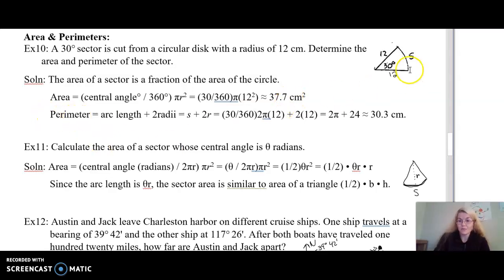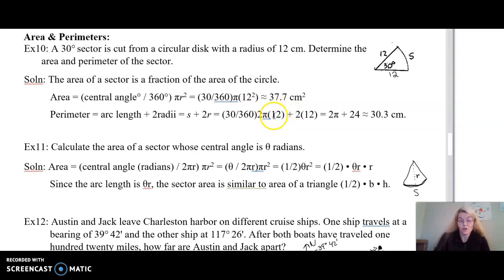Now the perimeter. Perimeter is the total distance around. If you were going to take a walk around this sector, you'd walk 12, S, and then 12. So you'd walk the arc length plus 2 radii. So S plus 2r. What was S? Well, S is a fraction of the circumference. And what's my fraction? It's 30 out of 360 degrees, times the circumference, which is 2 pi r.